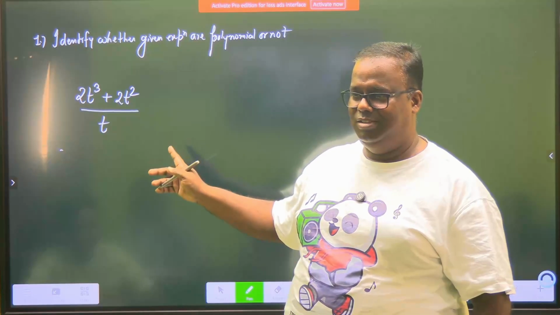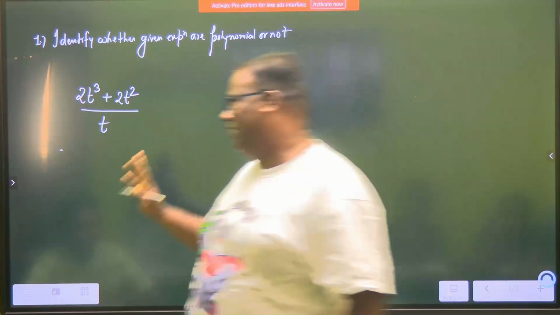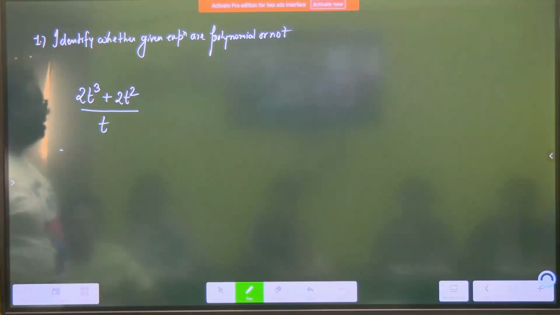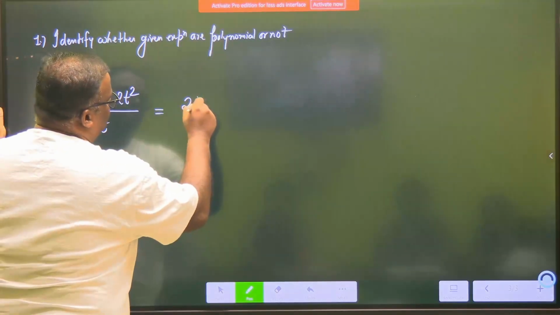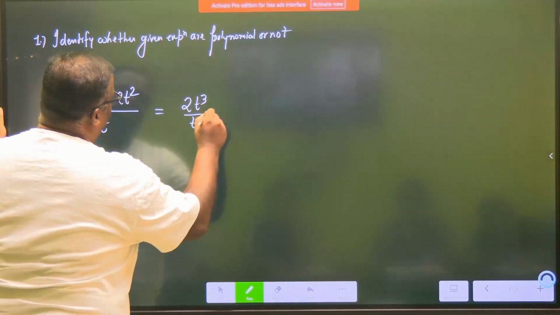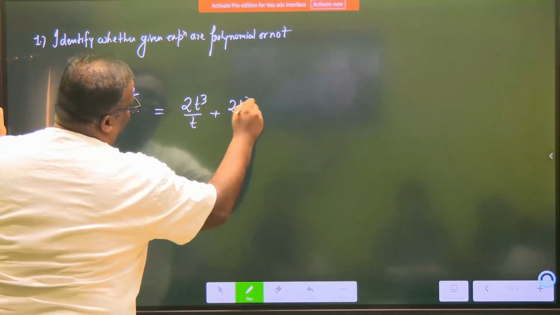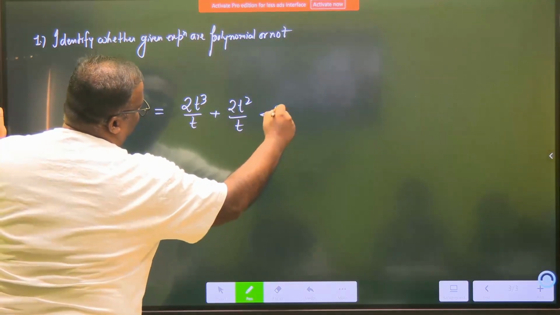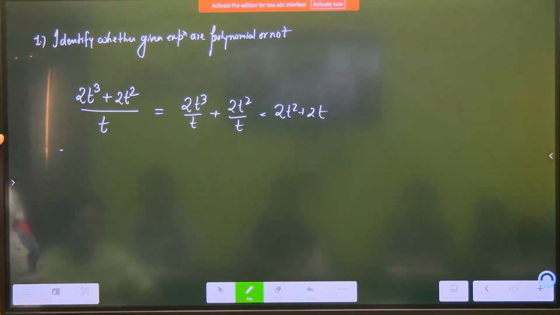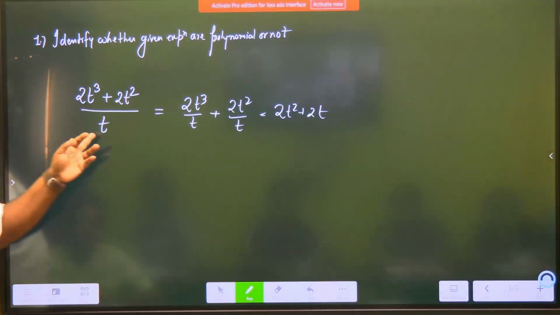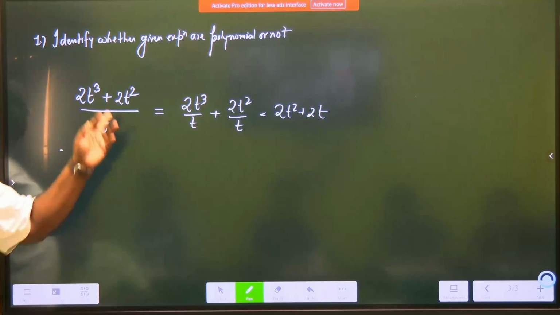Whenever they give you in this format, always bring everything above the ground. This can be written as 2t cubed divided by t plus 2t square divided by t, which will further become 2t square plus 2t. It is a polynomial. Just because t is below does not mean it is not a polynomial.